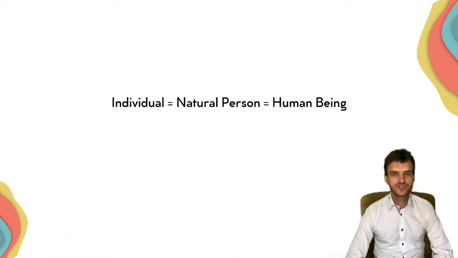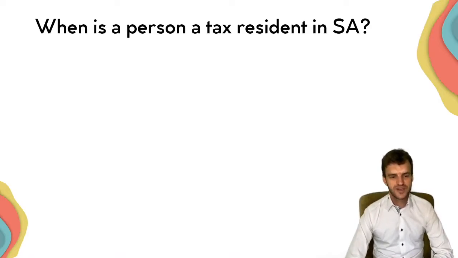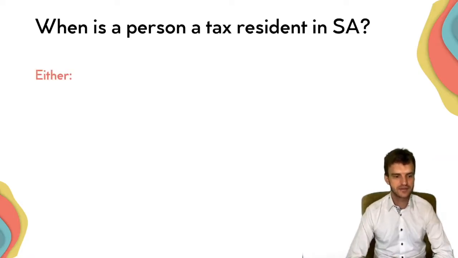When I refer to an individual or a natural person or a human being, I am referring to the same thing. I'll use those terms, particularly individual and natural person, interchangeably during the course. So when is a person a tax resident in South Africa? There are two possibilities or two requirements, either of which can be met for you to be a resident in South Africa as an individual.